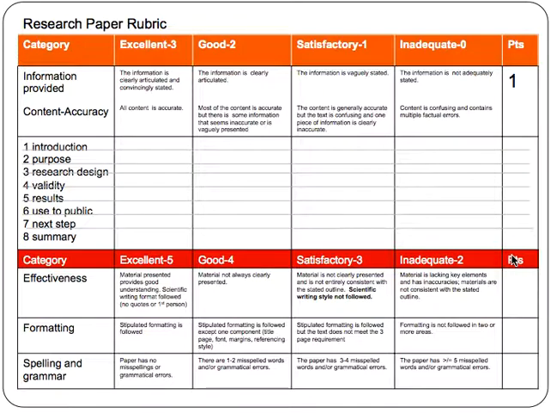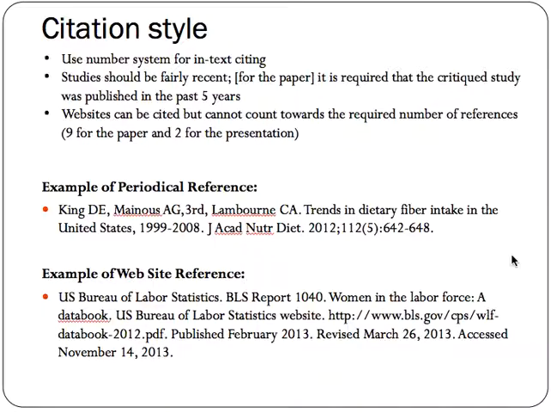So here is the research paper rubric previously mentioned. It's a good idea to be familiar with this before starting your paper and to refer to it throughout writing your paper. This is the same rubric that should be used when critiquing a peer's paper. So in-text citations should use a numbering system in your paper, such as the American Medical Association or the Academy for Nutrition and Dietetics.